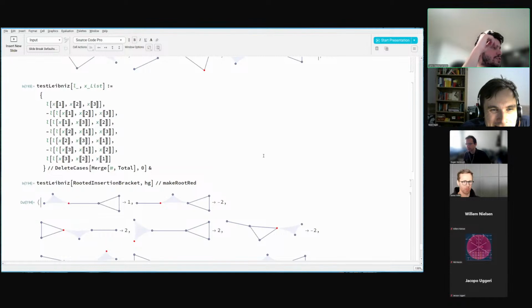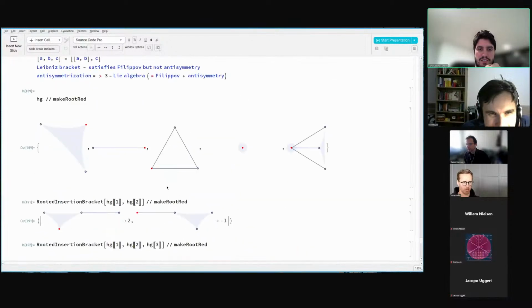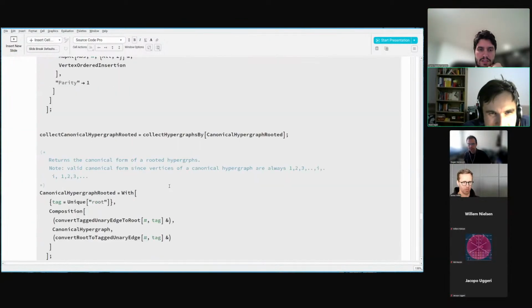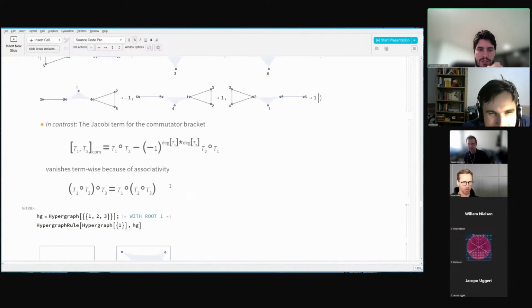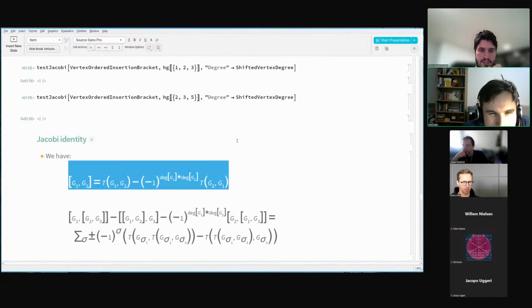Wait, can you go back to the mathematical definition of the bracket? Did you have some formulas there? Yeah, here. So this was the graded case, right?